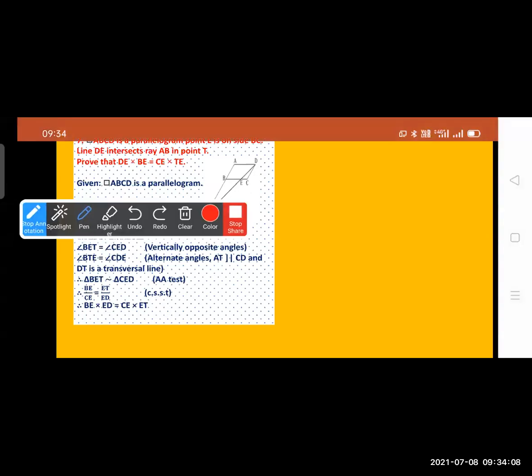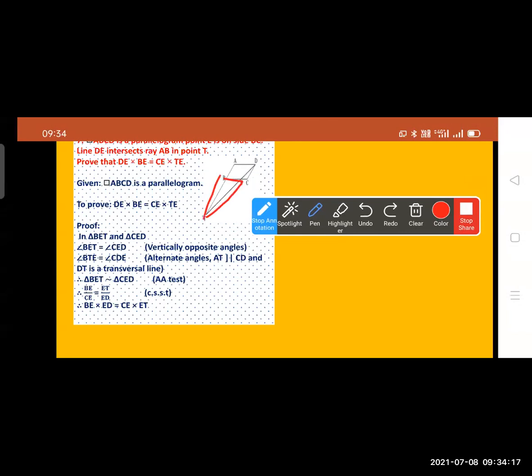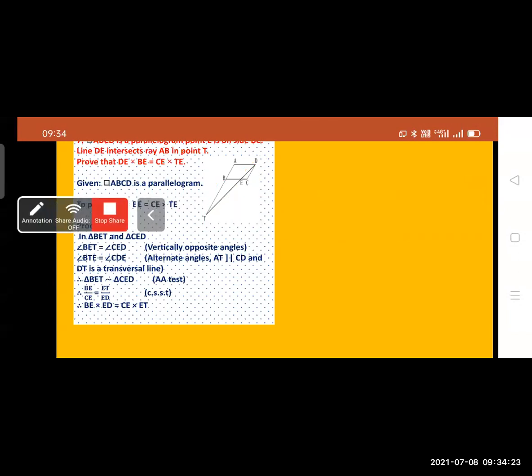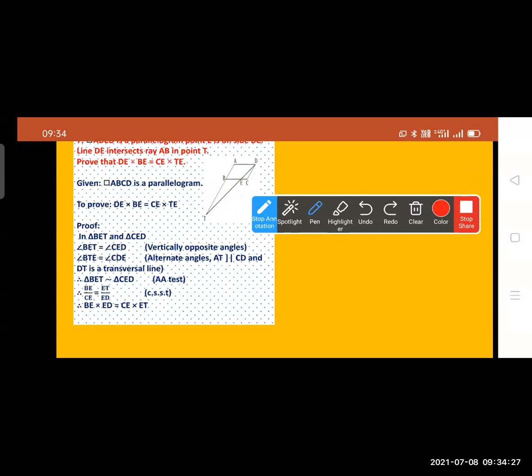Now write the triangles first. Which two triangles? We consider here triangle BET, this one, and triangle CED, these two. Okay, so first we write these two triangles. In these two triangles, this angle and this angle are equal, vertical opposite angles.